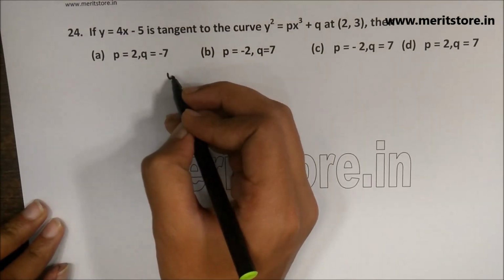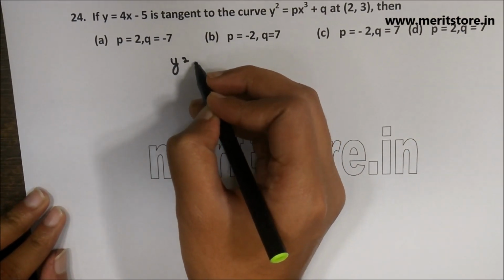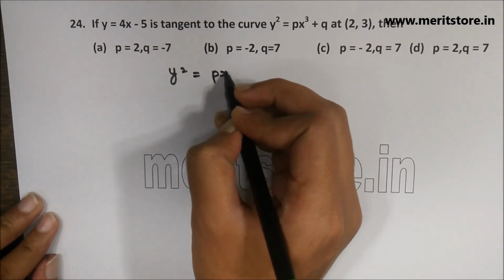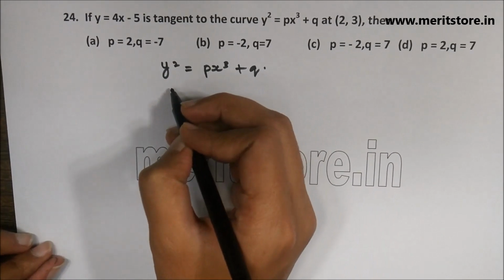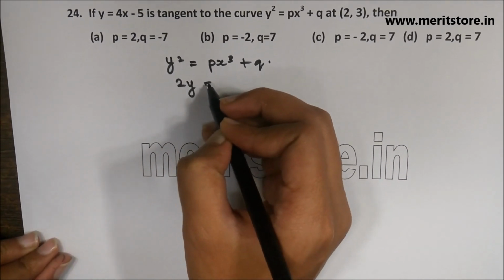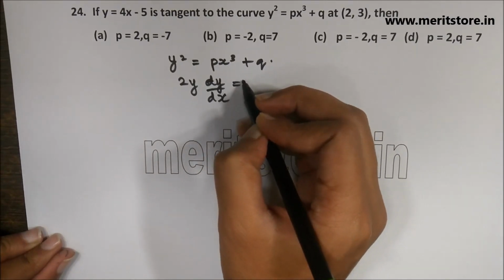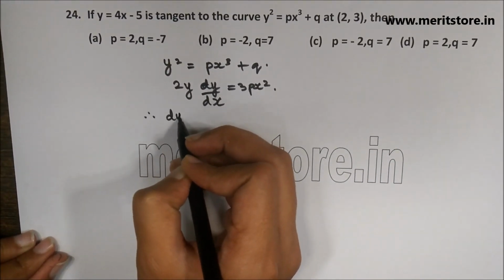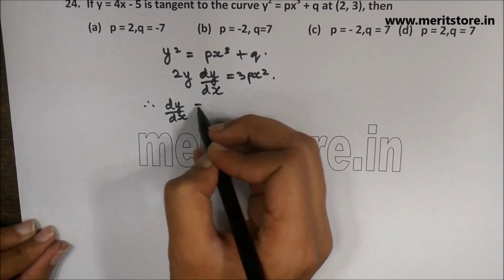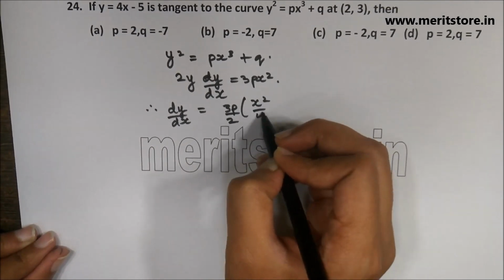Given curve is y square equal to px cube plus q. Differentiating this, we get 2y dy by dx equal to 3px square. Therefore, dy by dx is equal to 3p by 2 into x square upon y.